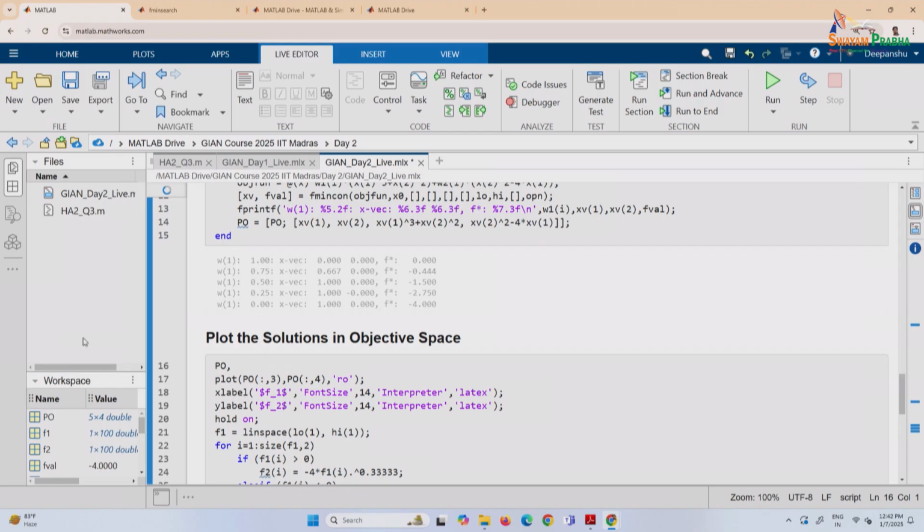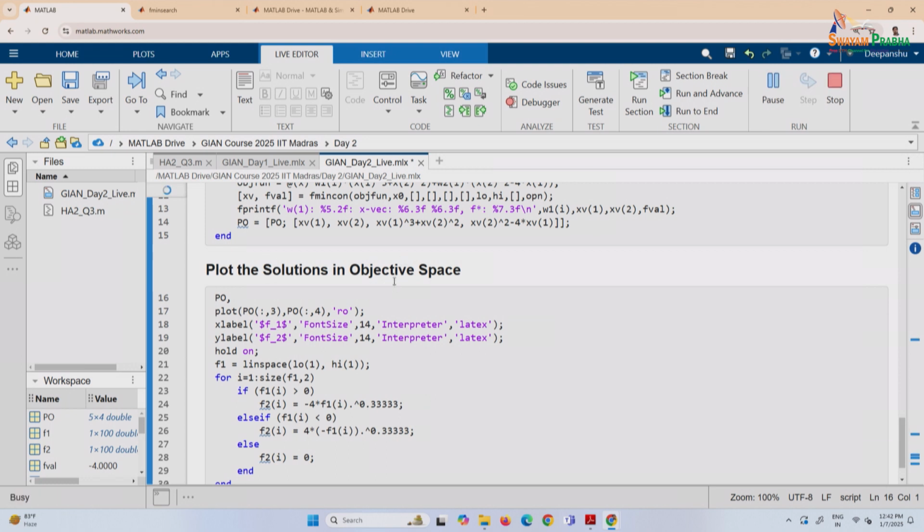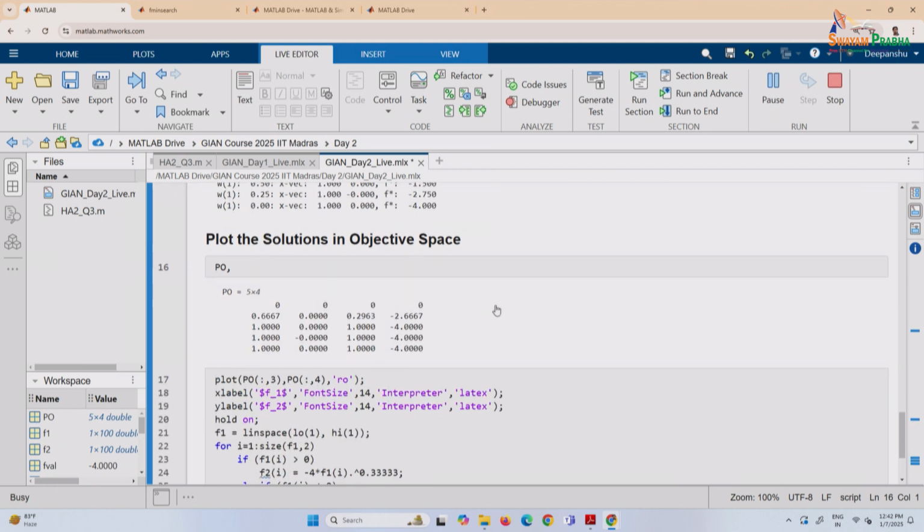Oh, here it was. Now what happened? Here, it took some time. Okay, so here are my final 5 solutions. The first one is x1 0, x2 0, and the corresponding f1, f2 0. Can we justify that? w1 equal to 1.